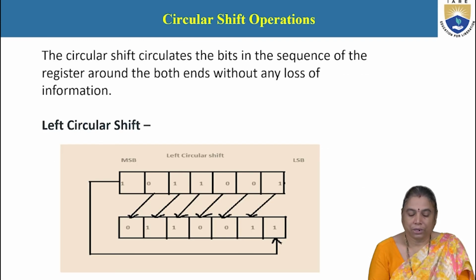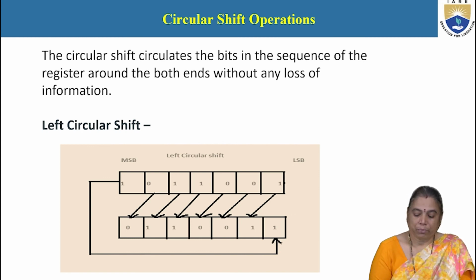What is circular shift? The circular shift circulates the bits in the sequence of a register around both ends without any loss of information. In the previous cases, the discarded LSB is lost, so there is a loss of information. Without loss of information, that bit has to be moved to the MSB position.